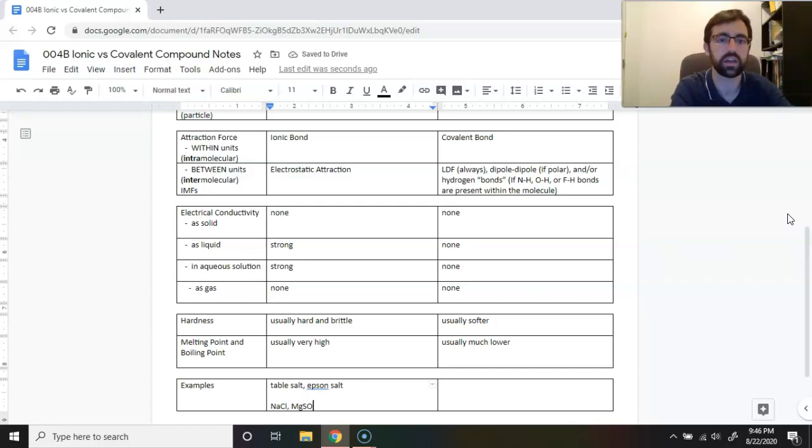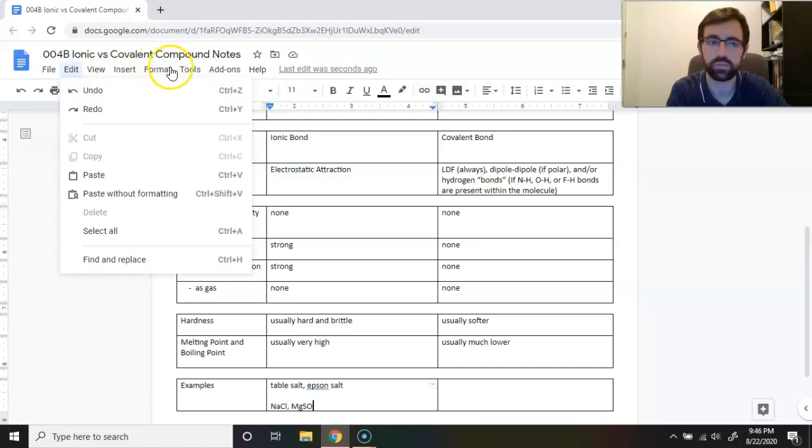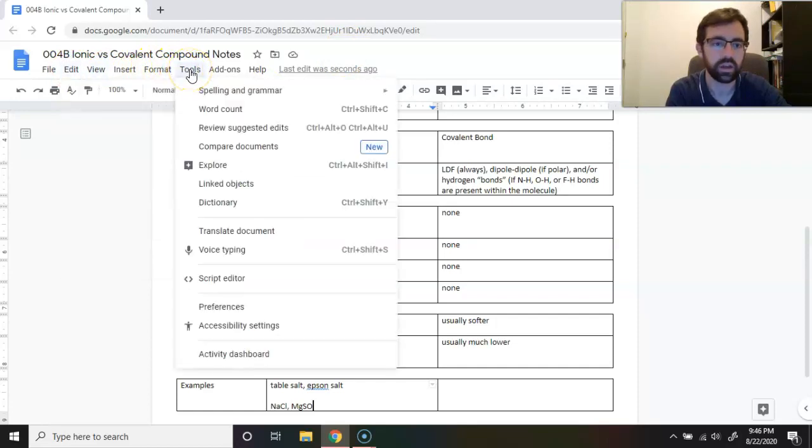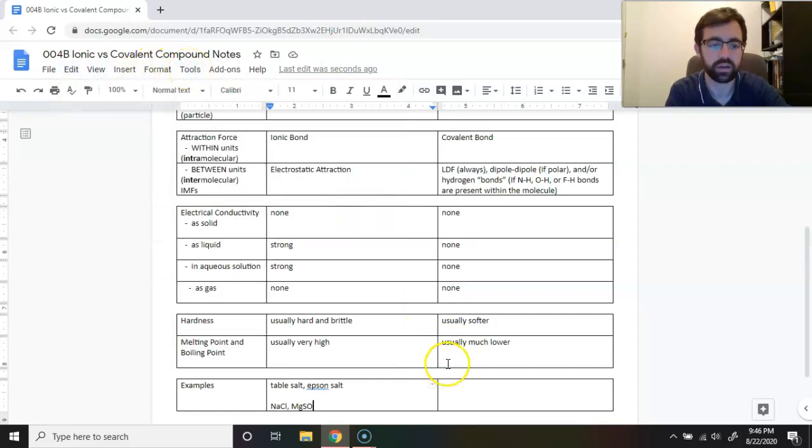Now here's a shortcut I want to teach you. If you're doing this in Google, you can find the subscript up here. I can't tell you right off the top of my head where it is, but it's control comma. If you put control comma, it turns it into a subscript, so I can put 4, MgSO4.